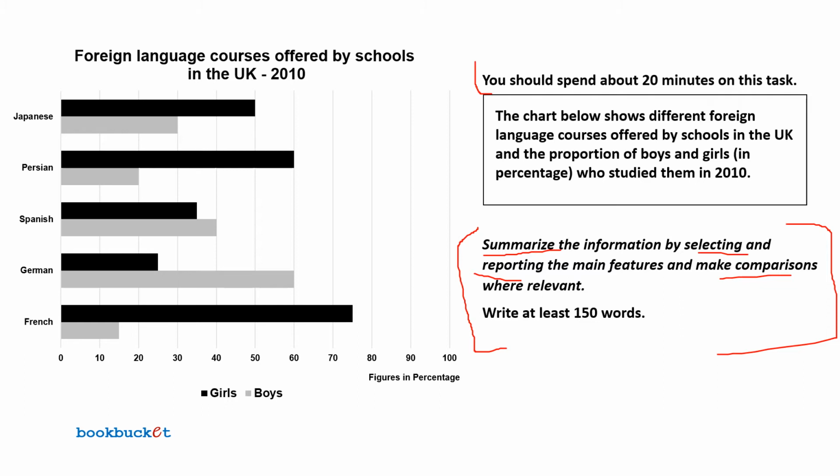Okay, so the chart below, of course this is a bar graph. This chart below shows different foreign language courses. That is one thing. Look at the bar graph. You can see Japanese, Persian, Spanish, German and French. Yes, certainly, foreign language courses are offered by schools in the UK. You can see that schools offered these courses in the UK in the year 2010.